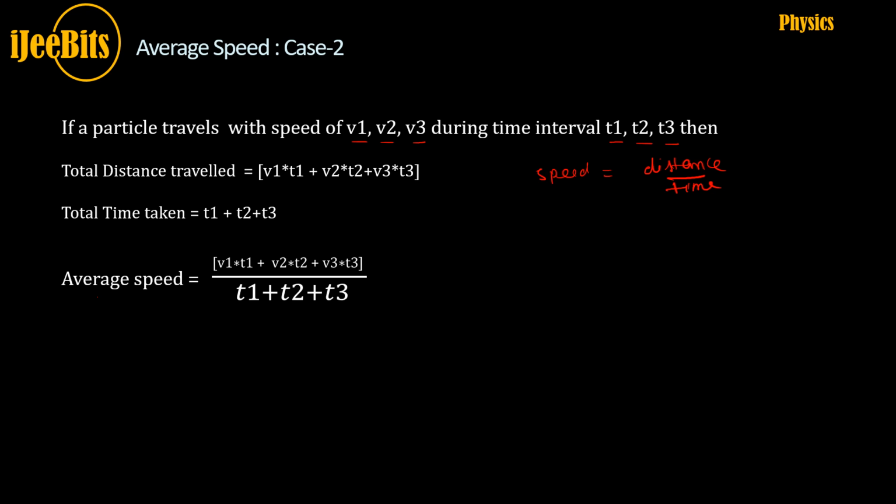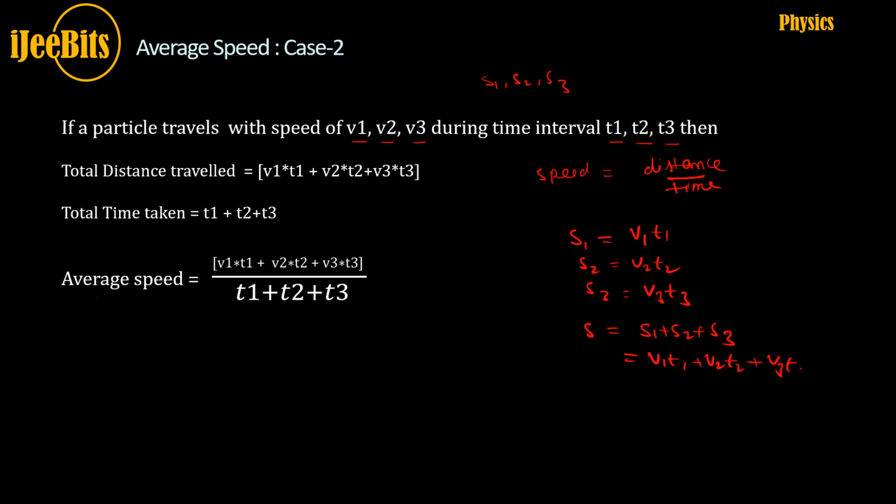So let's say V1, V2, V3, T1, T2, T3, you should also have distances S1, S2 and S3. So how do you calculate S1? S1 is nothing but V1 T1, S2 means V2 T2, S3 means V3 T3. So total S means S1 plus S2 plus S3. This is nothing but V1 T1, V2 T2 and V3 T3. And time T is given as T1 plus T2 plus T3.